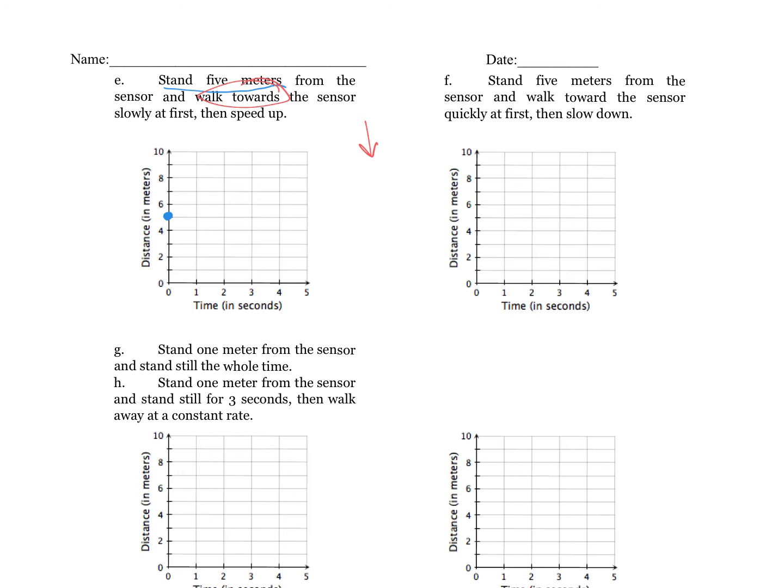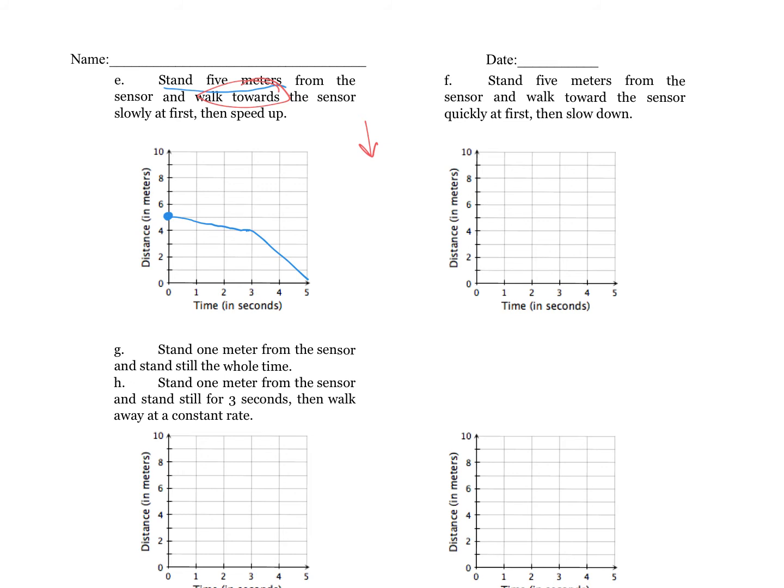So we know that we're starting at a slower pace, walking towards the sensor. So I'm moving slow, but then all of a sudden I start to run. I'm in a rush, so I have to sprint towards the sensor, okay? So as you can see, over the first 3 seconds, we only got 1 meter. But over the last 2 seconds, we got 4 meters, okay?